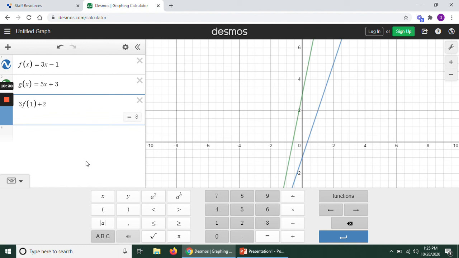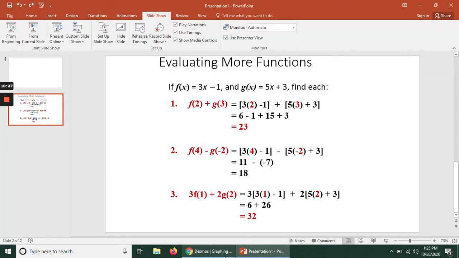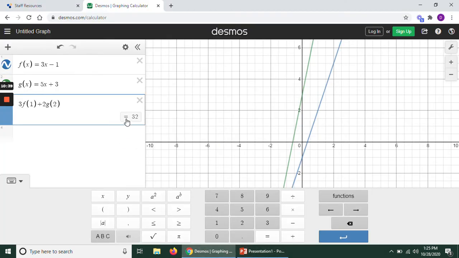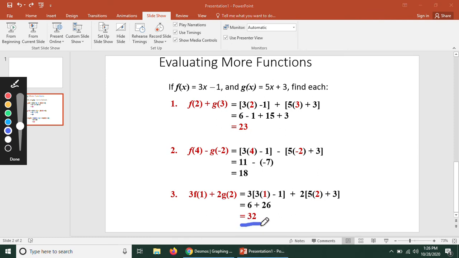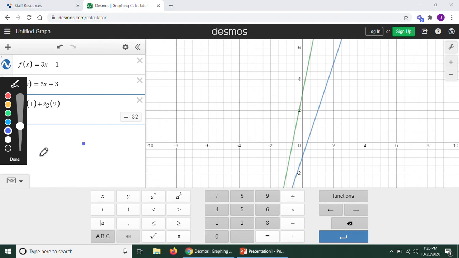And notice what I got here. My answer is 32. And I got the same thing for number 3.